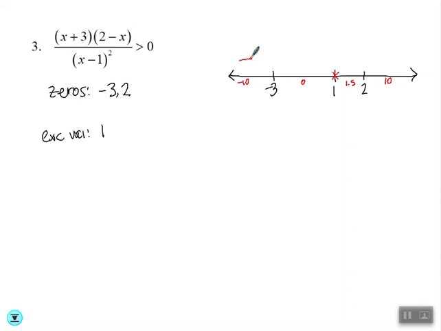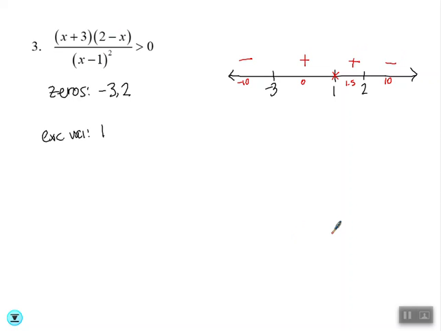Next, if I plug in 0, I'm going to have positive times a positive over a positive. Well, that's positive. 1.5 might be a little bit trickier to think about, but this would be positive, positive, always positive. And then 10 would be positive, negative, positive, so that's negative.